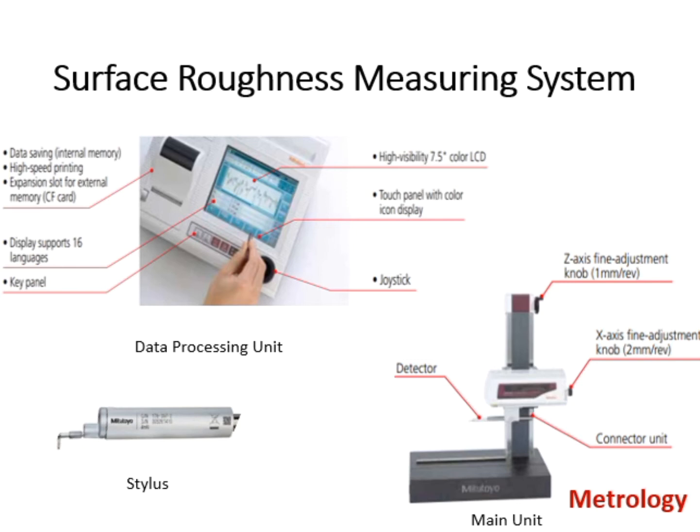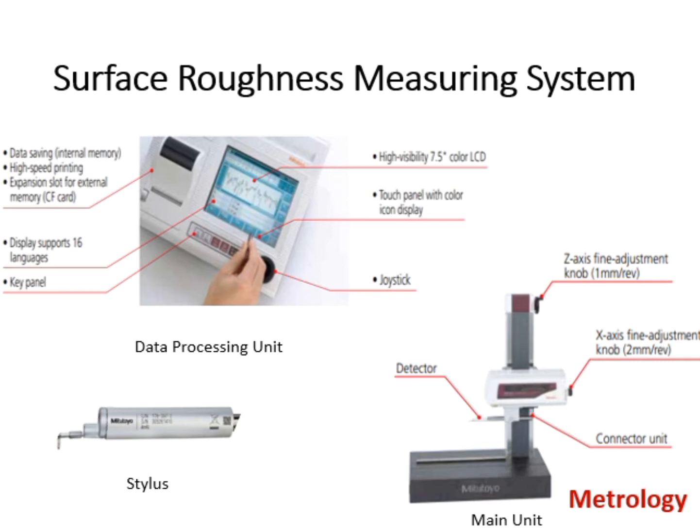It consists mainly of two parts: the data processing unit and the main unit. The data processing unit consists of a printer, key panel, touch panel and joystick. The main unit consists of a detector unit, connector unit, x-axis fine adjustment knob and y-axis fine adjustment knob.